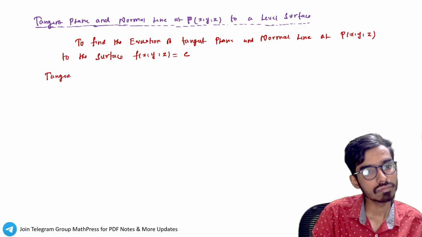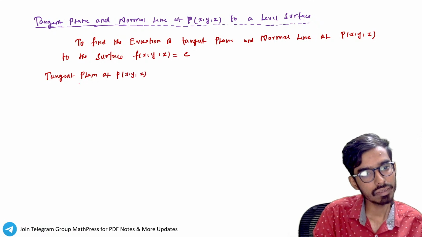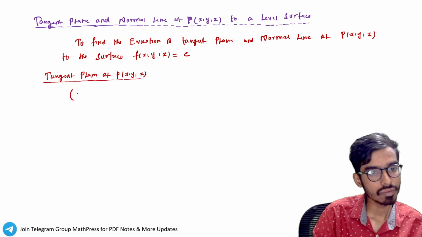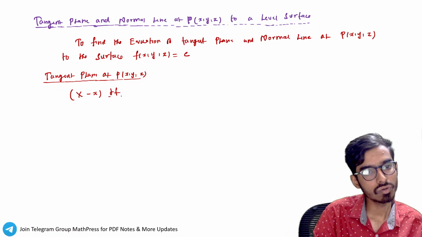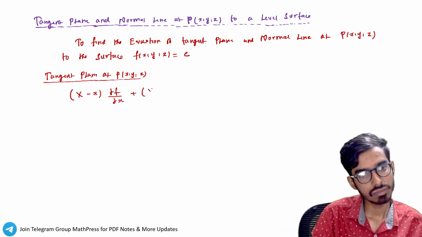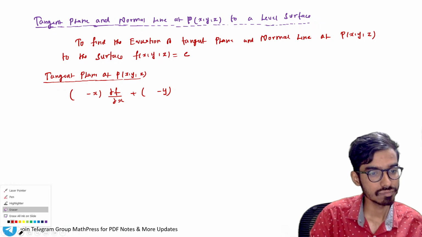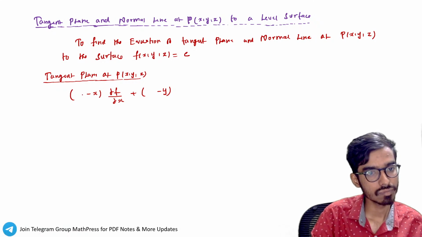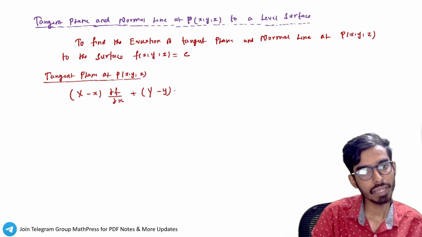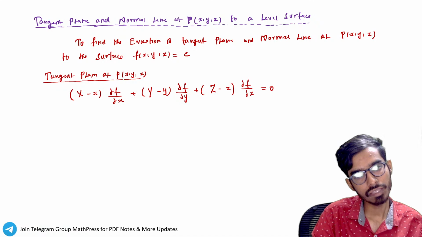So the tangent plane at P, the formula is (capital X minus small x) into dou f by dou x plus (capital Y minus small y) into dou f by dou y plus (capital Z minus small z) into dou f by dou z is equal to 0.